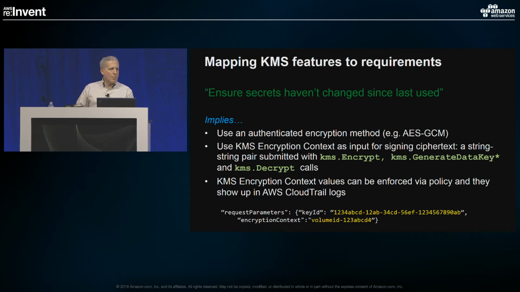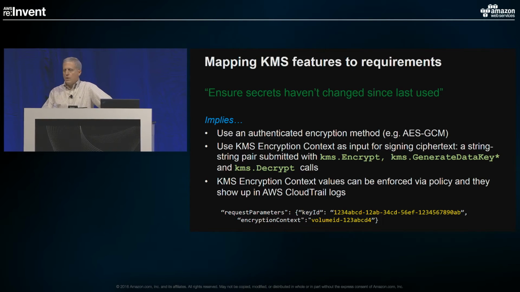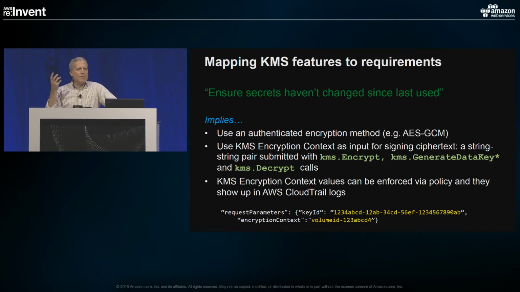Why is that important? Because you might have a master key that's in use by a lot of different applications. Might be used by S3 for server-side encryption. You might have a master key that's also used by your applications because this master key represents maybe PHI for your US customers.